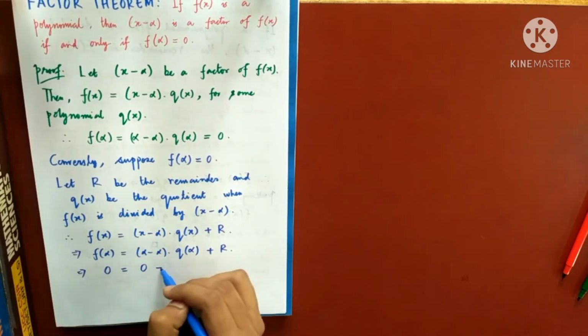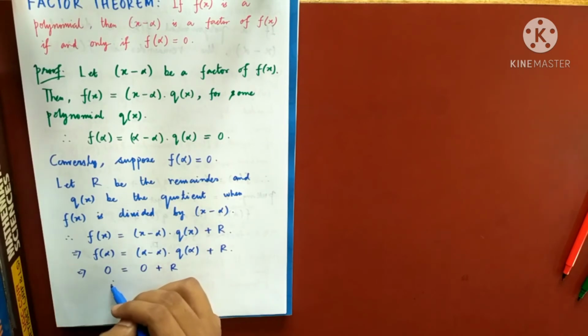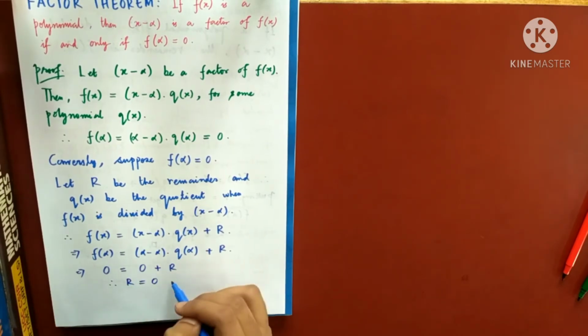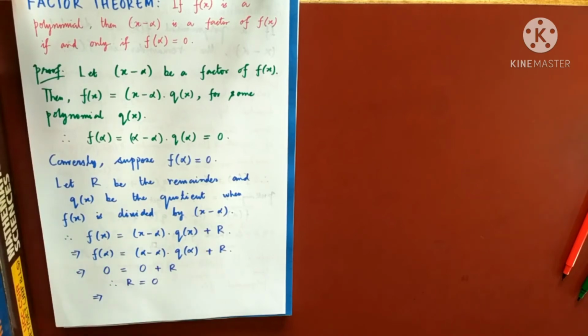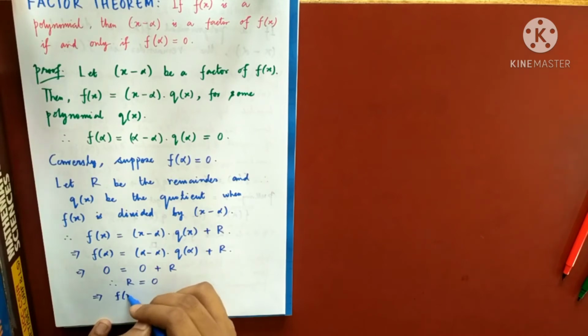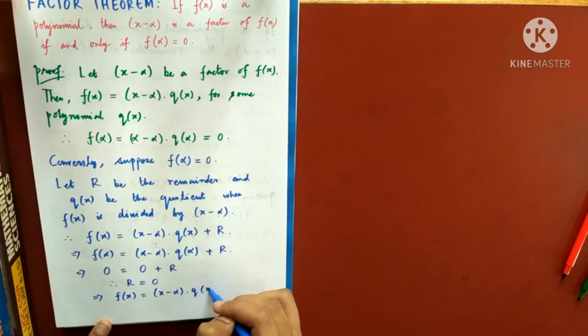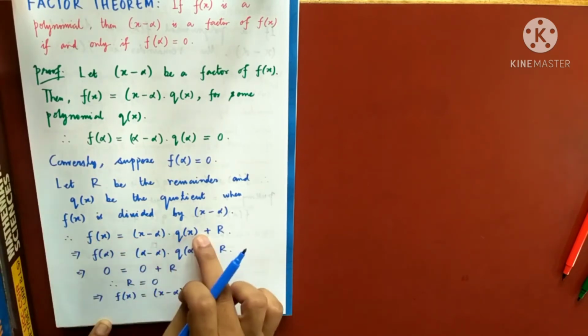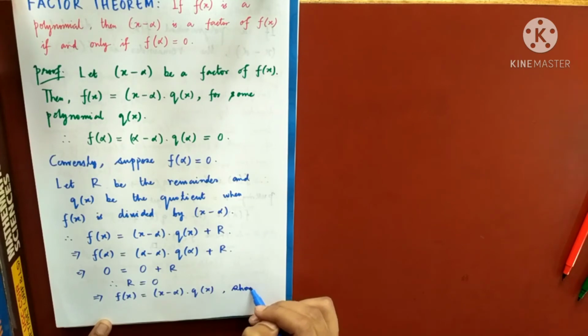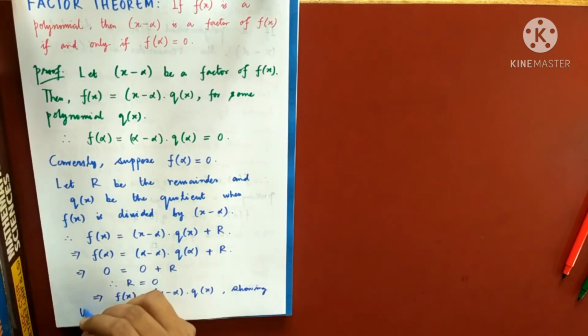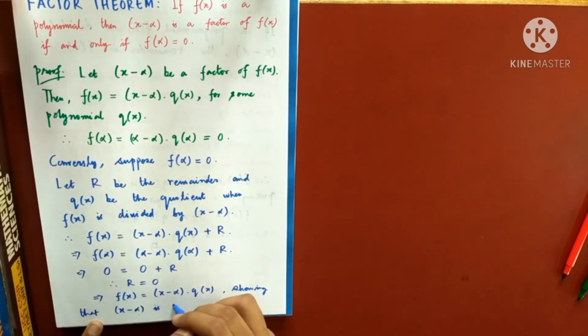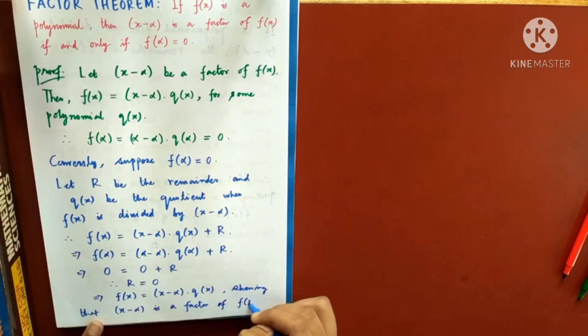This is 0 and this is R. What I am getting is the value of R equals 0, and this will imply that f(x) can be written as x minus alpha times Q(x), because R is 0, showing that x minus alpha is a factor of f(x).